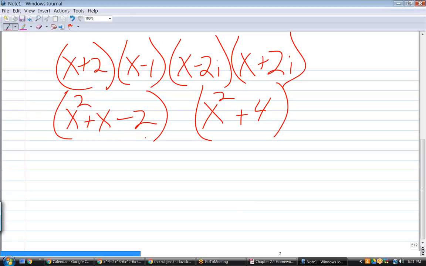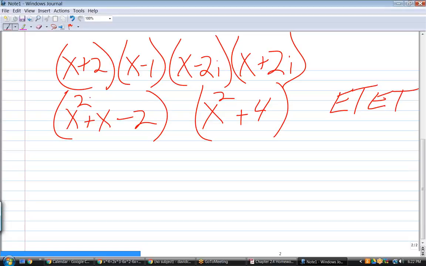They may have taught you something called FOIL, which works great on binomials times binomials, but it doesn't work at all on anything else. Oh, really? But what I call ET, which works for quadratics, and it also works for everything else. And what it means is every term by every term, and do it in a pattern that you can follow.